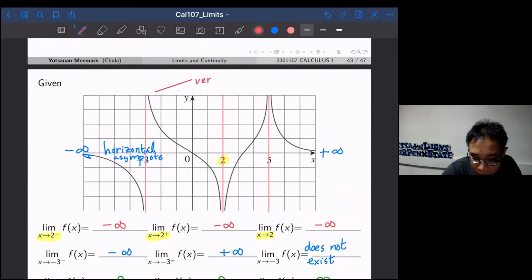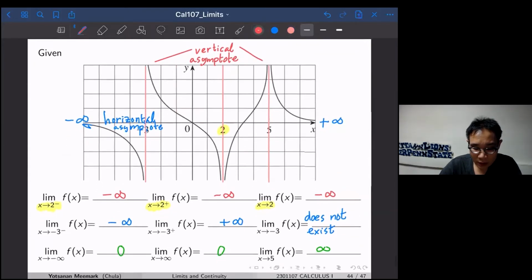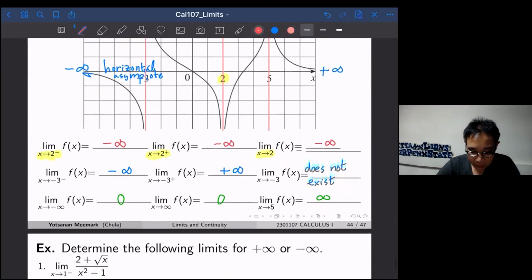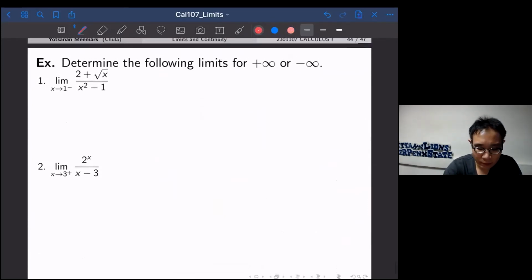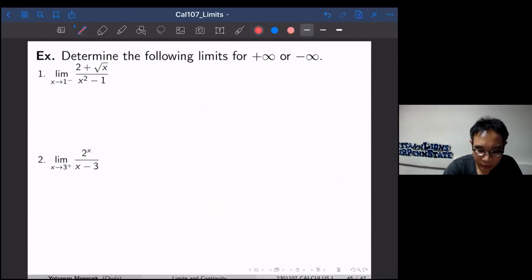So this one is a vertical asymptote. Okay, so you have 3 vertical asymptotes. So we're going to have some working examples.